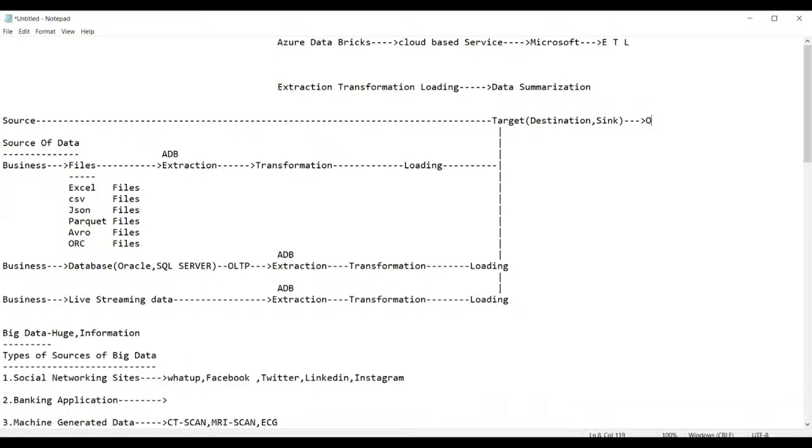Then we use a technique called OLAP, online analytical process, and using artificial intelligence or machine learning, we apply all this further on this data. Synapse performs this type of job, focusing more on the visualization of the data.